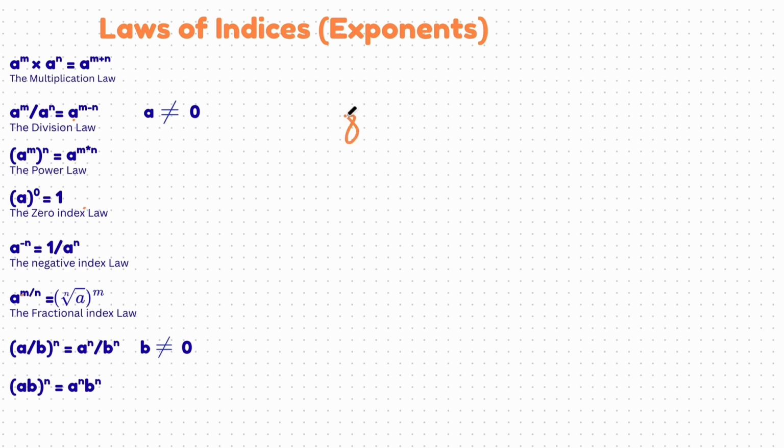So 8 raised to the power of 2 over 3 is equal to the same thing. The 3 would be our n, the 2 would be our m, and the 8 is our a, or the base.